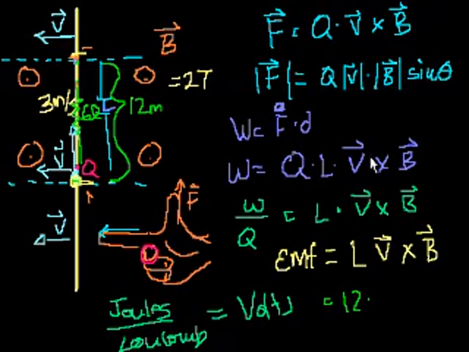So we just worry about the magnitudes. It's 12 meters times the velocity, 3 meters per second, times the magnitude of the magnetic field, 2 teslas. So the EMF is 12 times 3 times 2, 12 times 6, which is 72 volts, or 72 joules per coulomb.